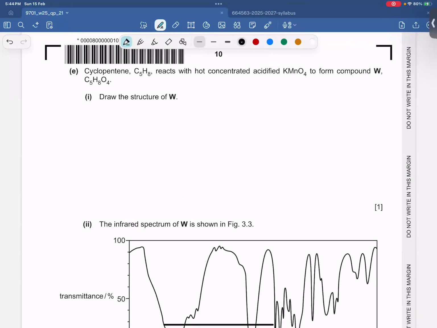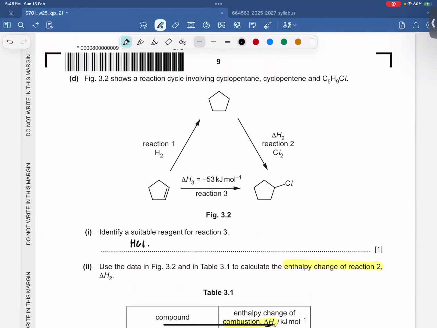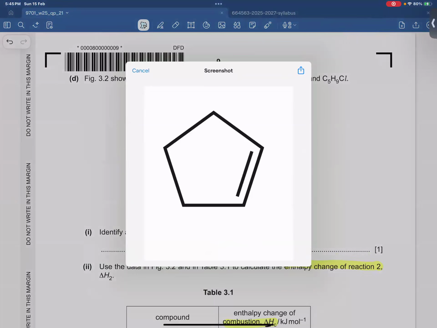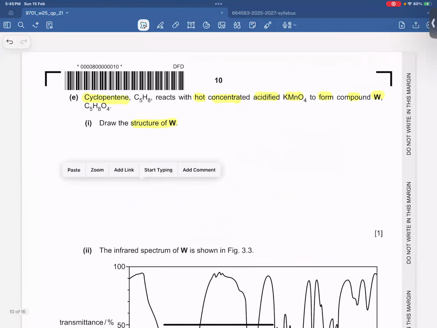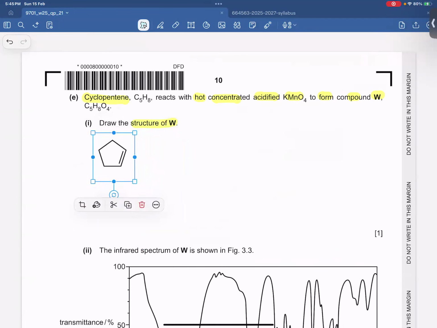Cyclopentene reacts with hot concentrated acidified KMnO4 to form compound W. Draw the structure of W. So that's cyclopentene. Let me copy this structure. We have done a lot of practice regarding this reaction, and I hope you can make it. First of all, which one is CH?